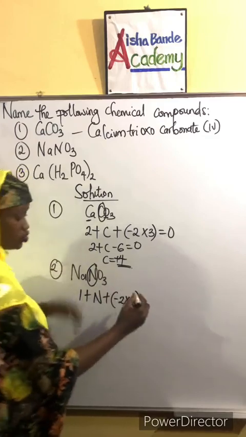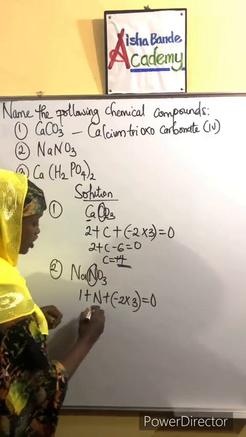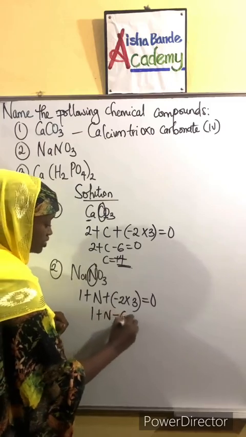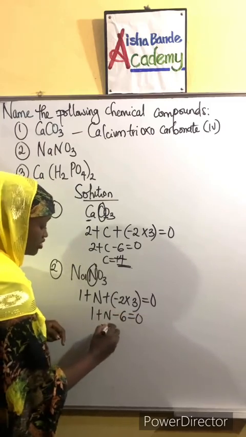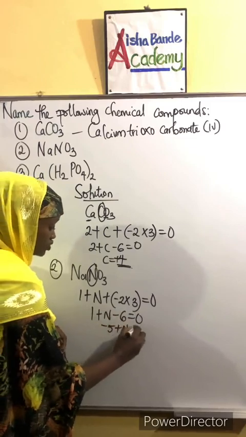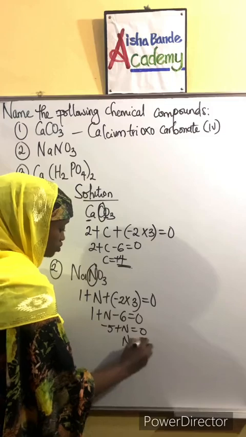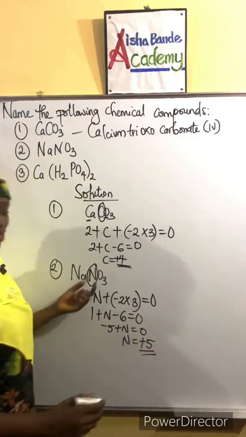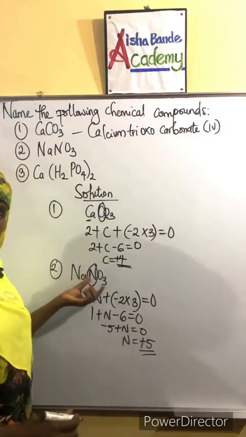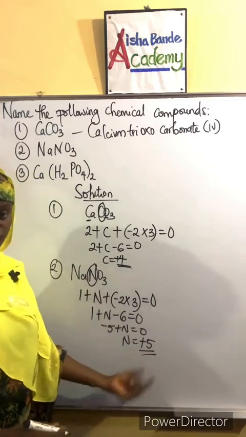This is a stable compound, so we equate it to 0. So here we have 1 plus N minus 6 is equals to 0, and 1 minus 6 is -5, plus N is equals to 0. So N is equals to +5. So in NaNO3, the oxidation number of nitrogen is +5.